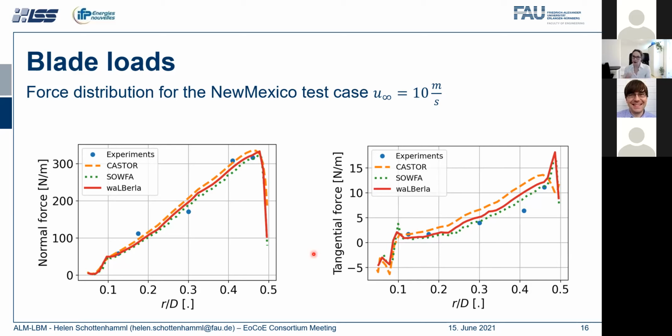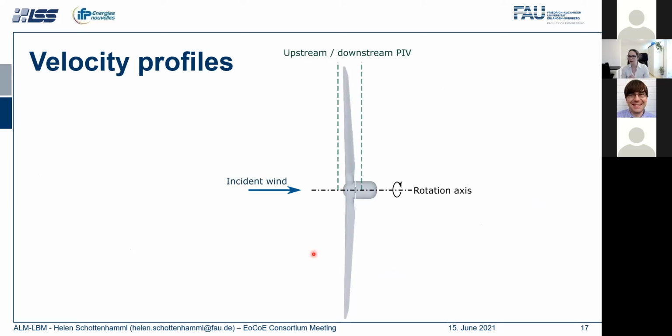Of course, we're not only interested in the blade loads, but also the velocity profile. For this, I will show you just shortly where it's measured. We're looking on top of the turbine. So this is a top view. The wind comes from here. And we have some PIV, so particle image velocimetry measurements upstream, so just directly before the blades, and downstream just behind the blades.